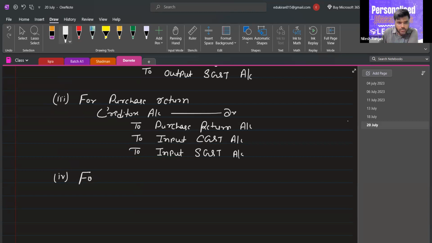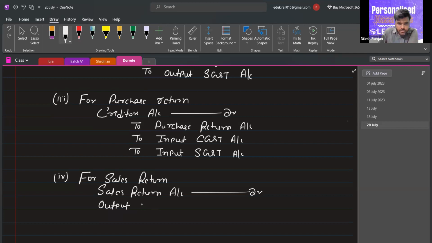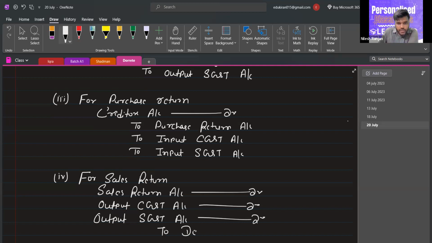Fourth, for sales return. For sales return, when we sell goods and some of the goods are returned by the debtors, the entry will be sales return account debit, output CGST account debit, output SGST account debit, to debtors account.